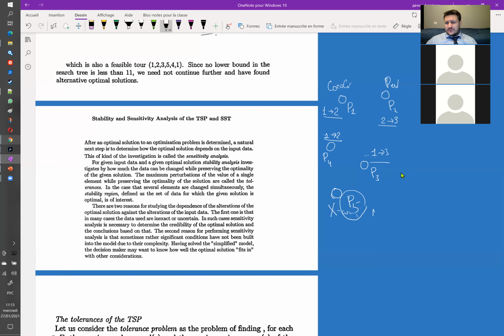So if it's an NP-hard problem, then maybe it's very difficult to solve. For example, we have a lot of cities there, or customers, maybe not cities, but customers, a lot of them. And maybe we don't want to solve this.